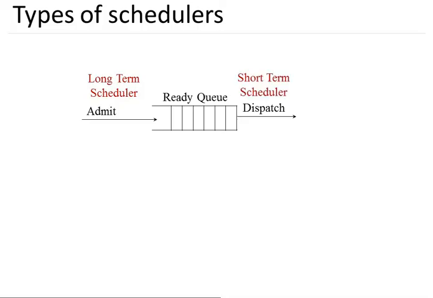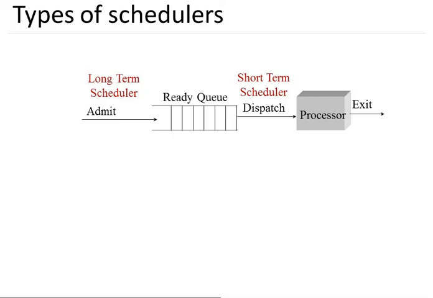The answer is the short-term scheduler. The task of the short-term scheduler is to select any process from the ready queue and dispatch it to the CPU, that is your processor, where it can execute its process and exit from the system.